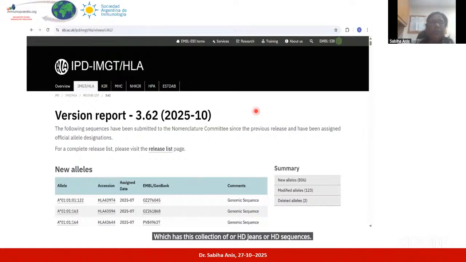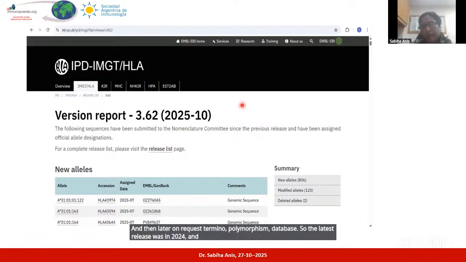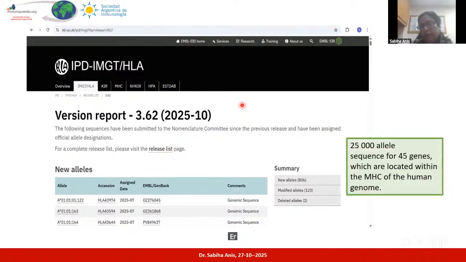It was initially called IMGT/HLA, the International ImMunoGeneTics database, and later it was termed the Immuno Polymorphism Database. The latest release was in 2024, showing more than 25,000 alleles sequenced for 45 genes, which are located within the MHC region of the human genome.